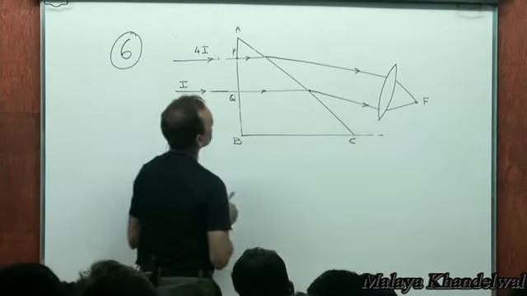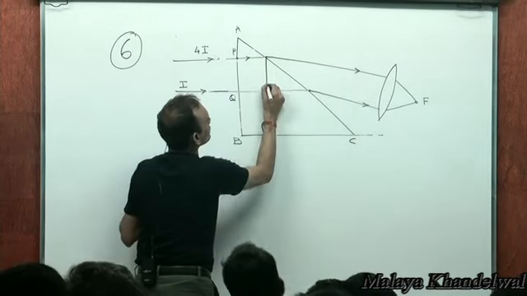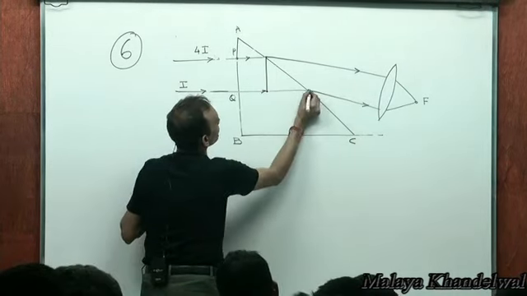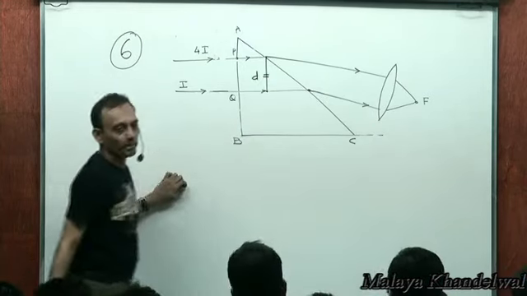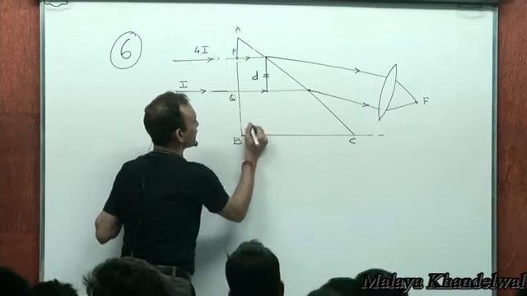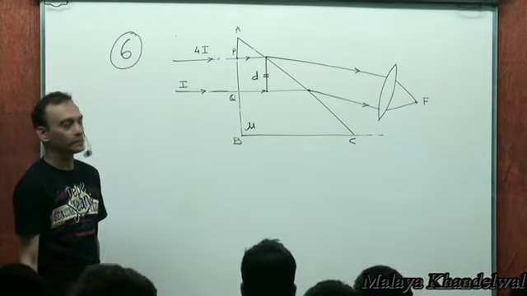Say this distance is small d, and mu is the refractive index of the material of the prism, right?